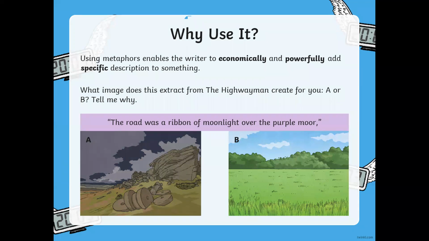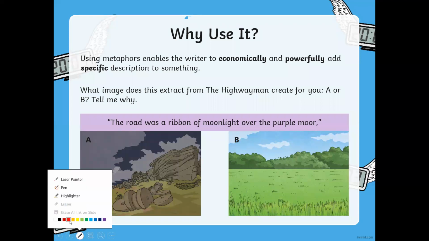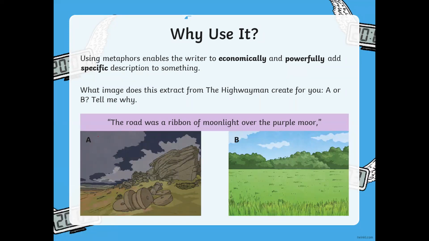The only sliver of light that you have is the moon. No street lights, nothing. So the imagery that comes to mind would be A, obviously, because A is a dark place and the only sliver of light that we have is the moon. And it says that the road was a ribbon of moonlight over the purple moor.